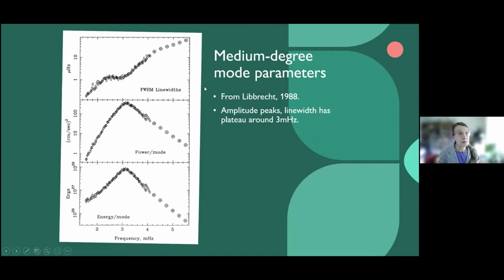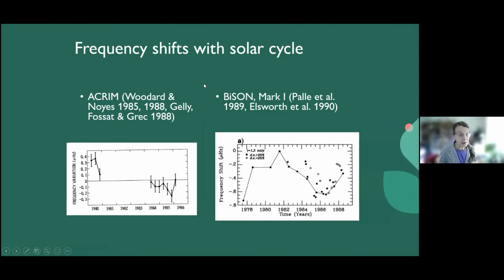Right, so from very early on, it became obvious that it was detectable that the frequencies weren't quite constant, but were changing by a small amount over the solar cycle. So this measurement on the left is from the ACRIM measurement, which was basically a solar radiometer, but the measurements were high cadence enough that they could actually do low degree helioseismology with it.